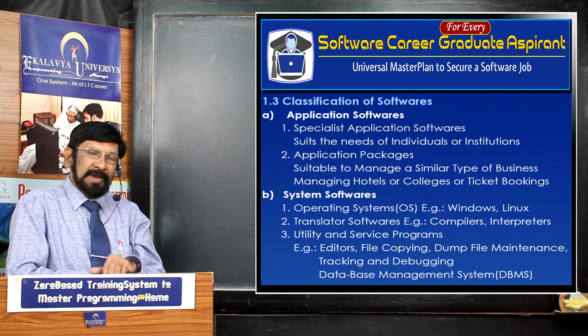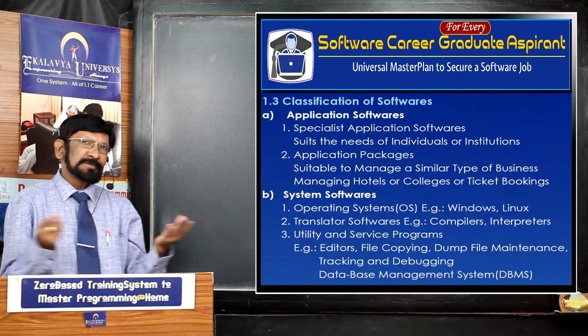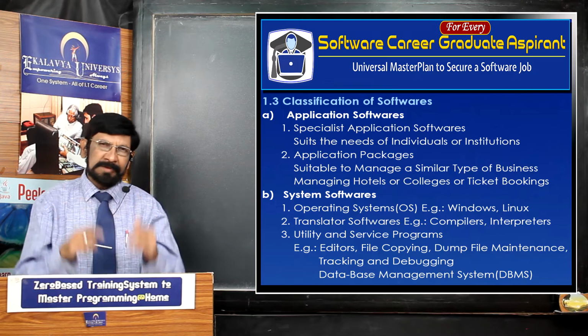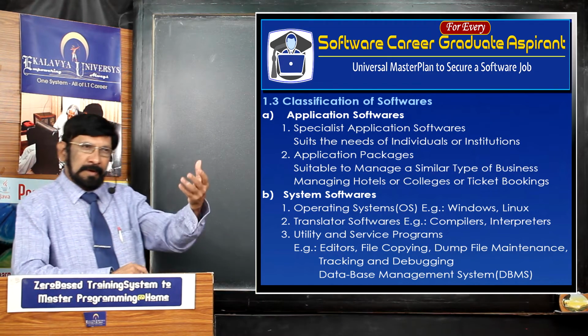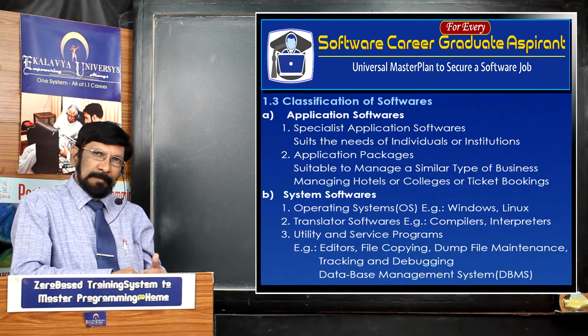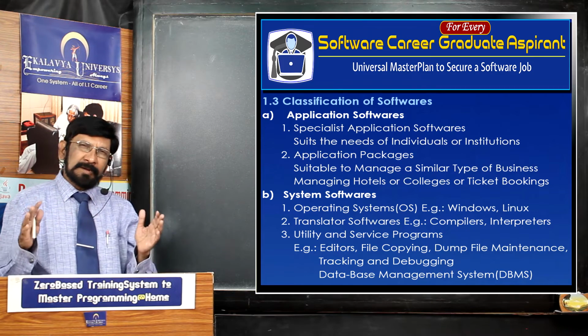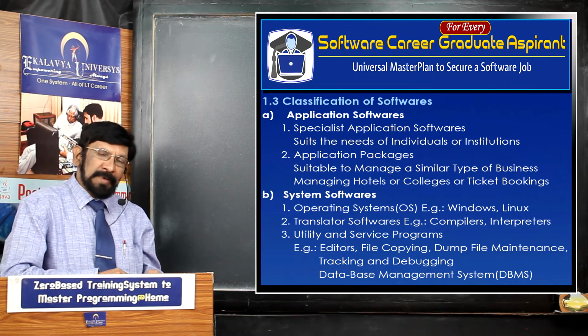That is an application package. Many application packages are available for managing colleges, managing schools, managing a transport business, that is ticket booking, managing hotels. Like that, different types of similar businesses are there. For them, application packages are required.